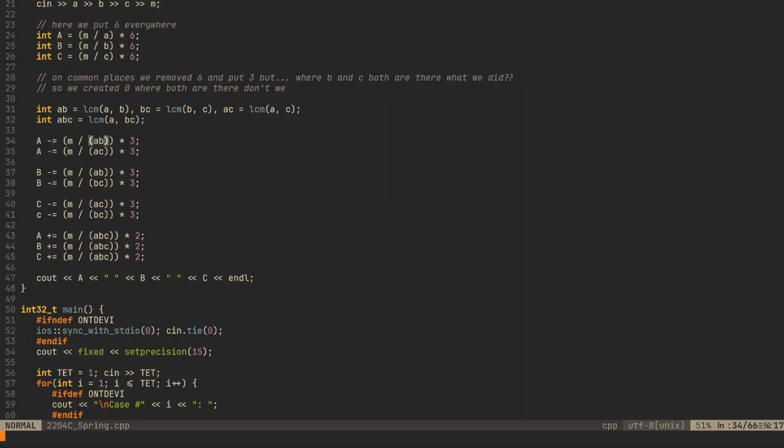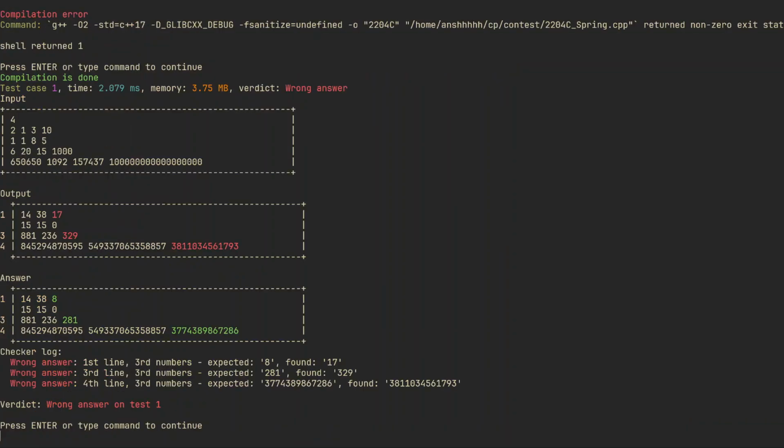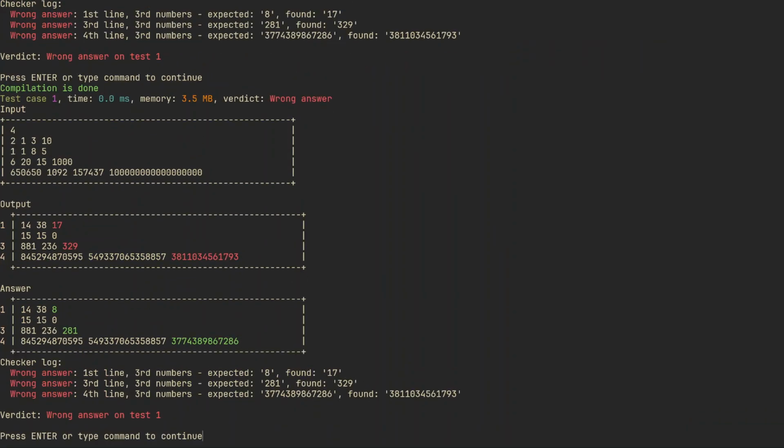We have AB here, AC here, AB, BC, AC and BC here. So now why are we getting it wrong? Especially here we should not get it wrong, because here we can get it wrong because of the calculation maybe.